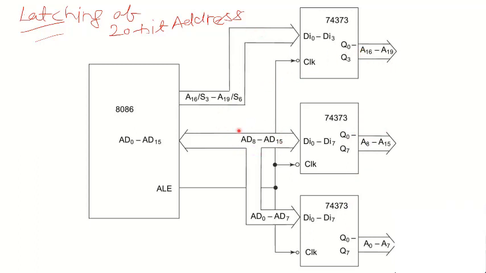So this is called the multiplexed address data bus, and this is called the multiplexed address status signals. The 16-bit address is carried by the multiplexed address data bus, and the 4-bit address is carried by the multiplexed address status signals. So this is the basic operation of the latching of the 20-bit address.